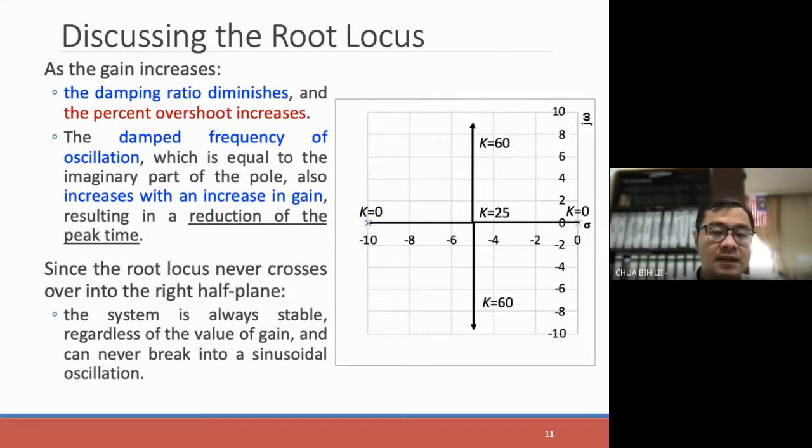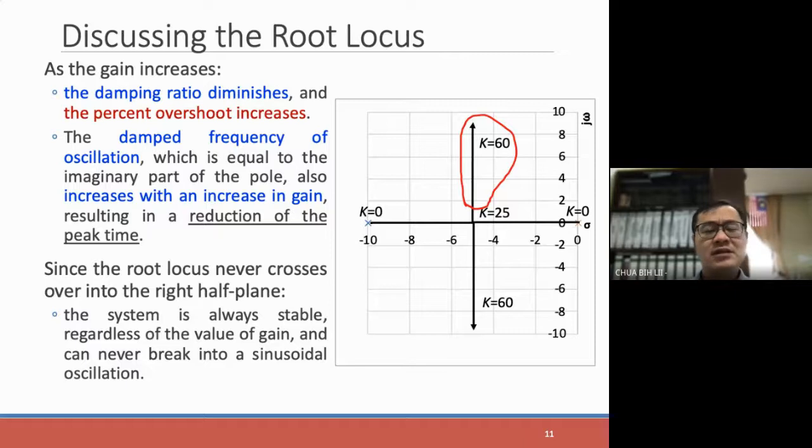Then on the gain increase. If we further increase this, as you may have learned in the time response, the damping ratio will get smaller and smaller, but the percent overshoot will start to increase when you increase the gain.